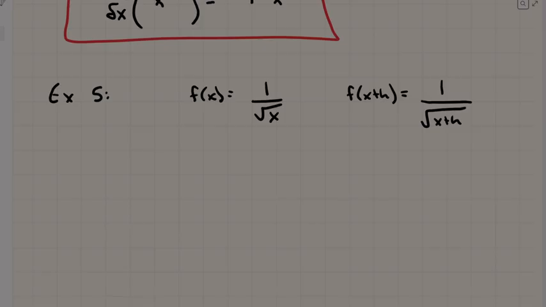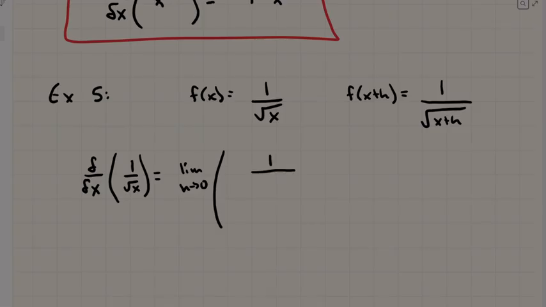So then our slope that we're looking for, the instantaneous slope, the derivative of f of x, that's going to equal the limit as h approaches 0 of, and we got f of x plus h, 1 over square root x plus h minus f of x, 1 over square root x, that's divided by h.